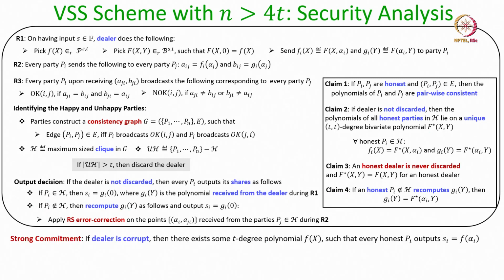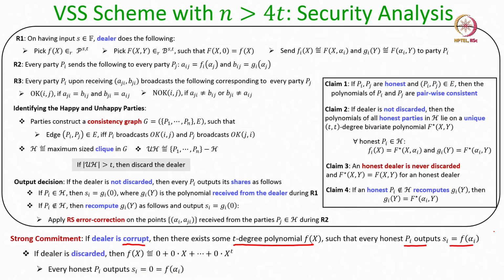Now, let us see the strong commitment property, for which we have to consider a potentially corrupt dealer. For a potentially corrupt dealer, we want to show that there exists some T degree polynomial such that the share of every honest party is going to lie on that sum sharing polynomial.